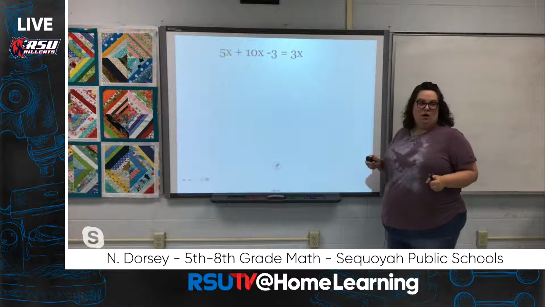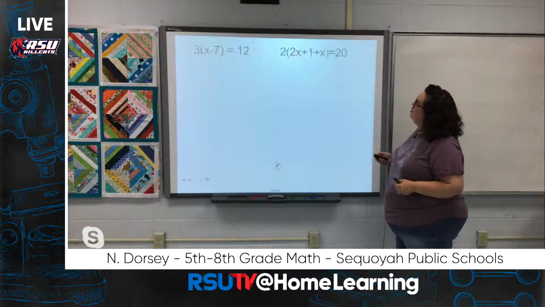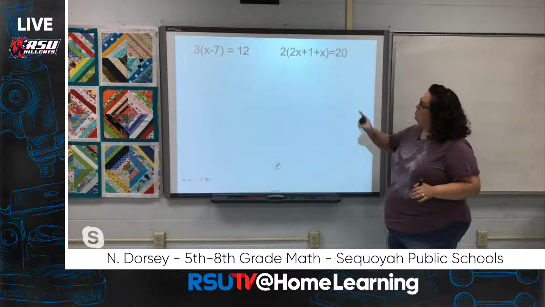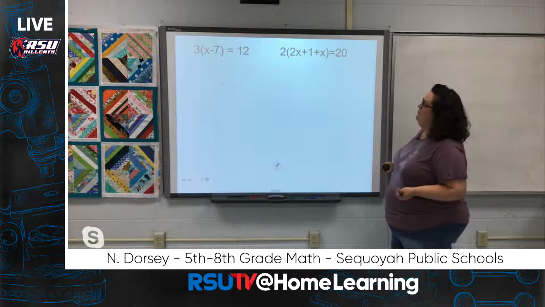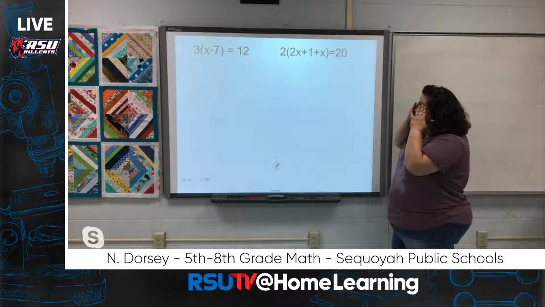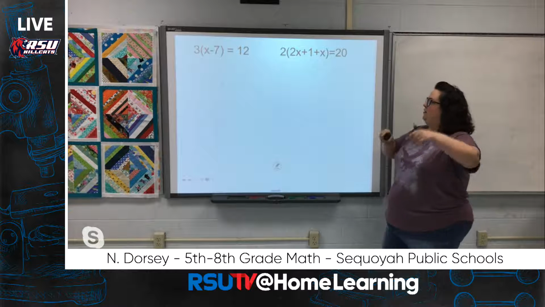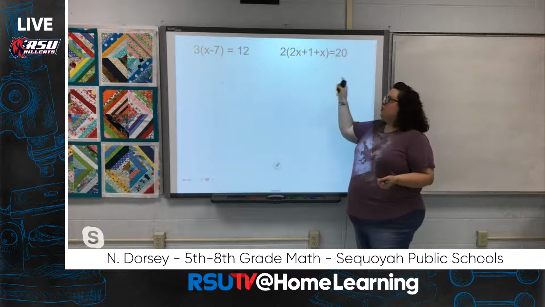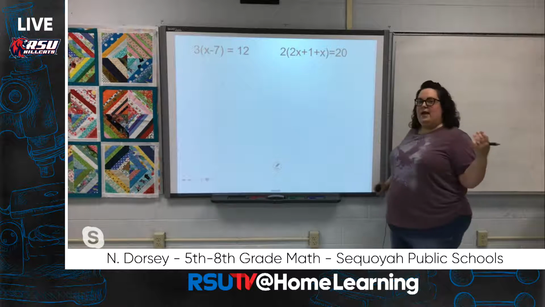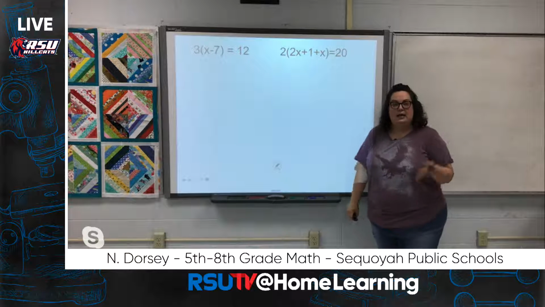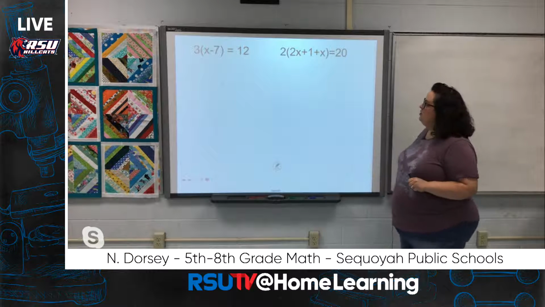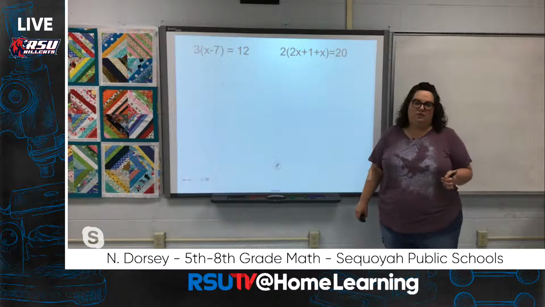Okay, because we are running low on time, we're going to do the problem on the left. So here I have, actually, you know what? Forget that. I can change my mind. We're going to do the problem on the right. I have parentheses, and the first thing you're going to want to do is say, oh, let's do the distributive property.